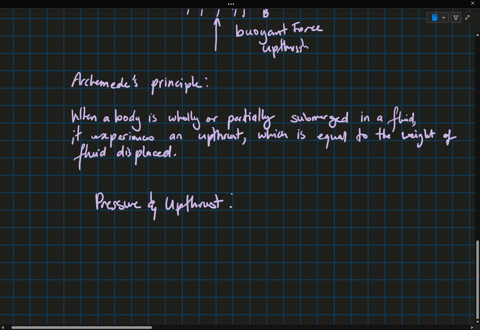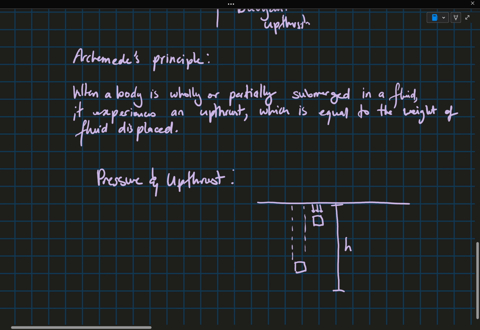If an object is here, it's experiencing the weight of all the fluid above it. So the further down you are in a liquid, the more pressure you're going to experience.